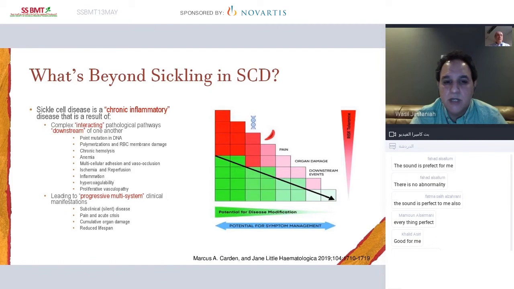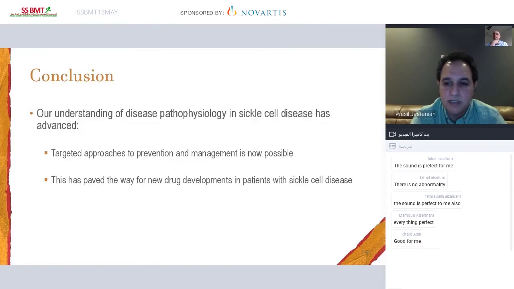Collectively, these lead to progressive multi-system clinical manifestations that can be subclinical or silent for a period of time, or present as pain and acute intermittent crisis, cumulatively leading to organ damage and a reduced lifespan for patients with sickle cell disease.